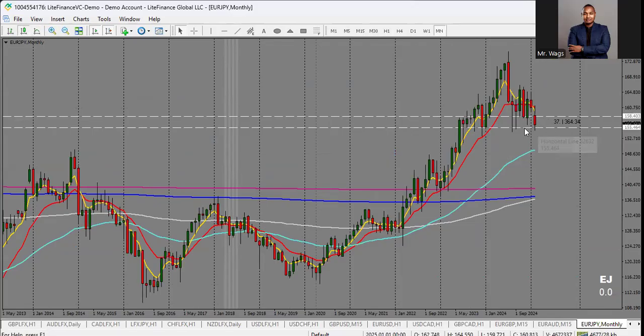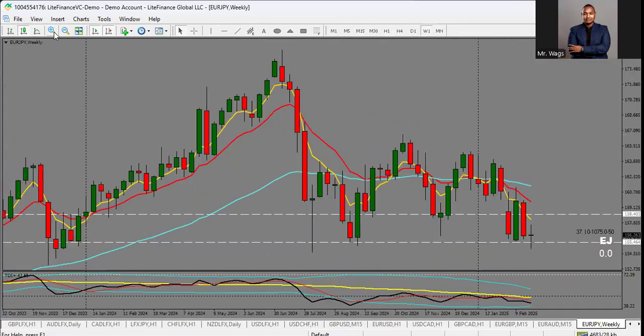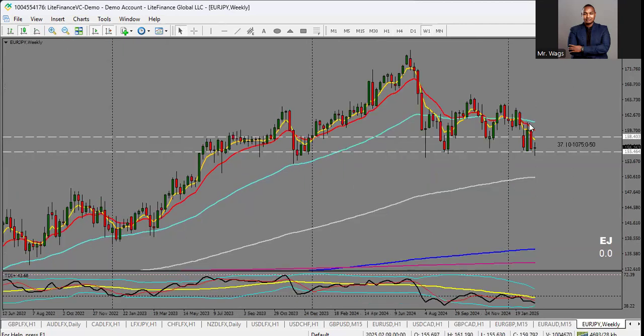And price is around an area of support. We have a doji closing for last week, but the momentum is still showing that we have a strong sell trend there. Although for the doji, we also need for the next week candle to be green in order for us to be satisfied that we can have a reversal there.